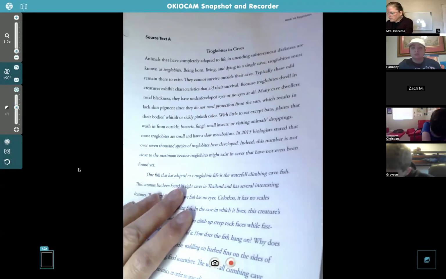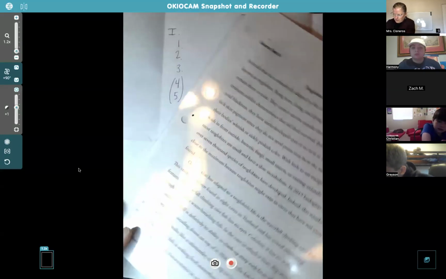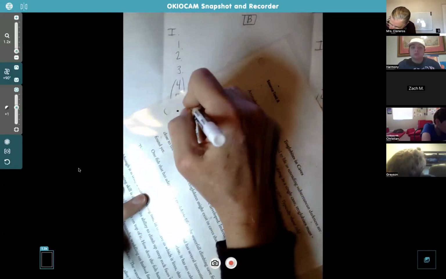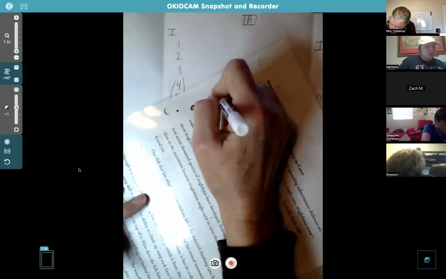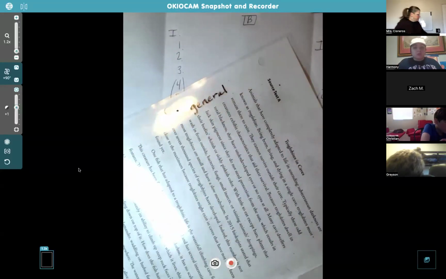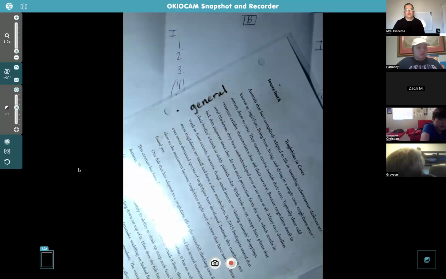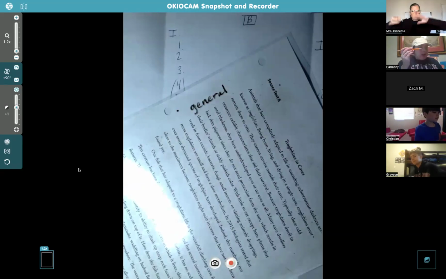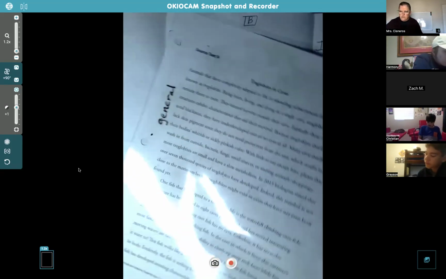So in the margin, we're just going to write that word general. It's general information, not telling anything super specific yet. That word general just means generalized information about troglobites.